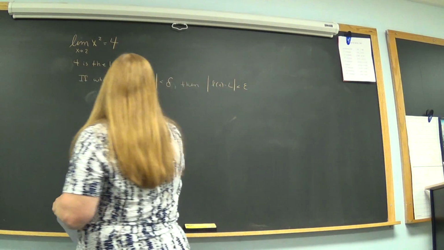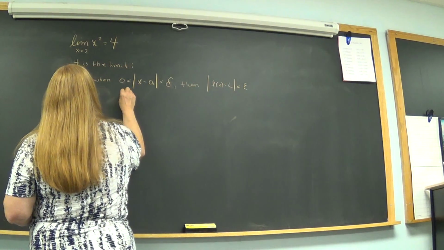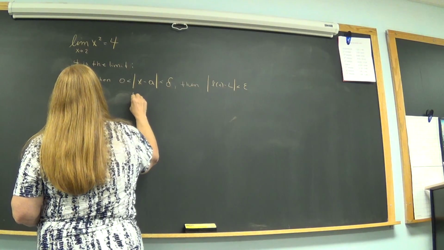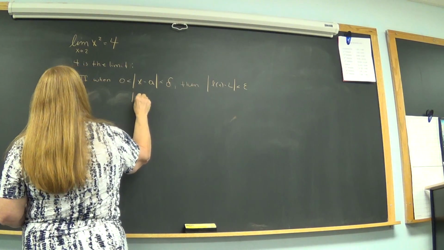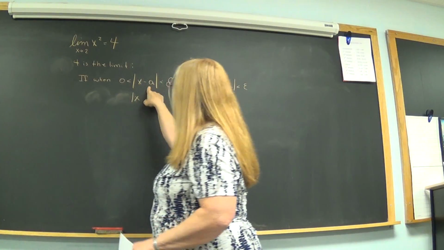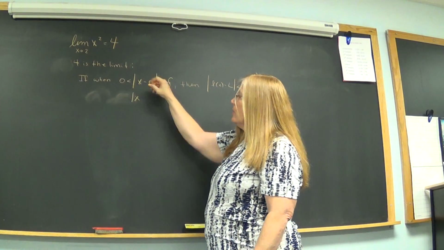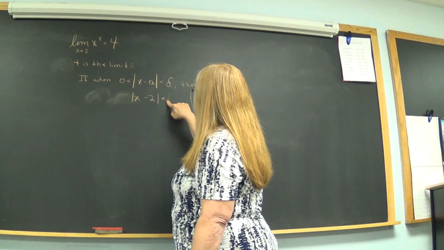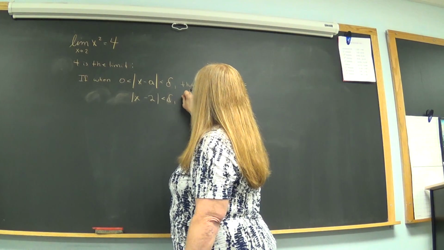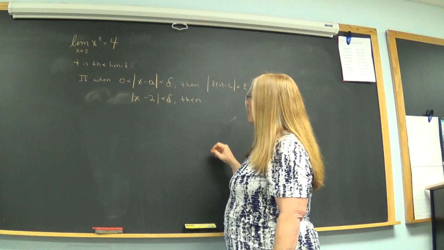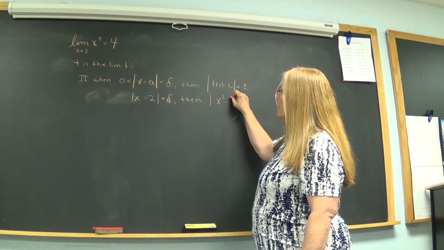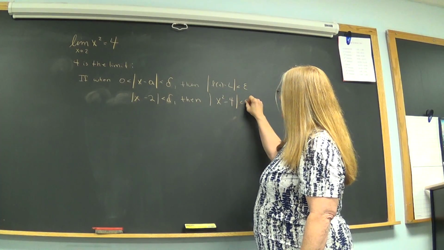So putting all these symbols into our problem, we assume 0 is less than the absolute value of x minus, what's our a? It's what we're approaching. It's 2. So if that is less than delta, then this is true: the absolute value of x squared minus 4 is less than epsilon.